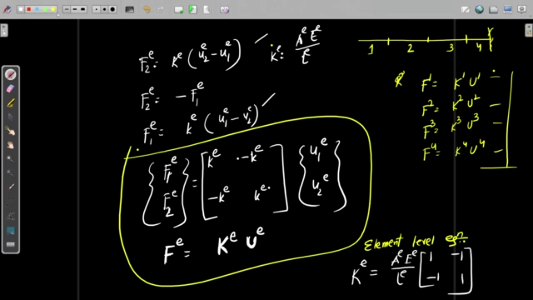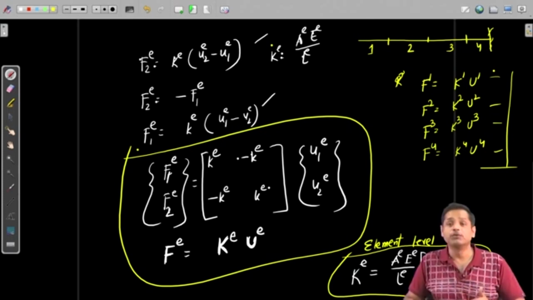You recall from your structural analysis that you have already seen this equation for a bar problem or for a truss whose orientation is along the axis direction. But if the orientation is different and you have 2 degrees of freedom at different nodes, then it will be different.